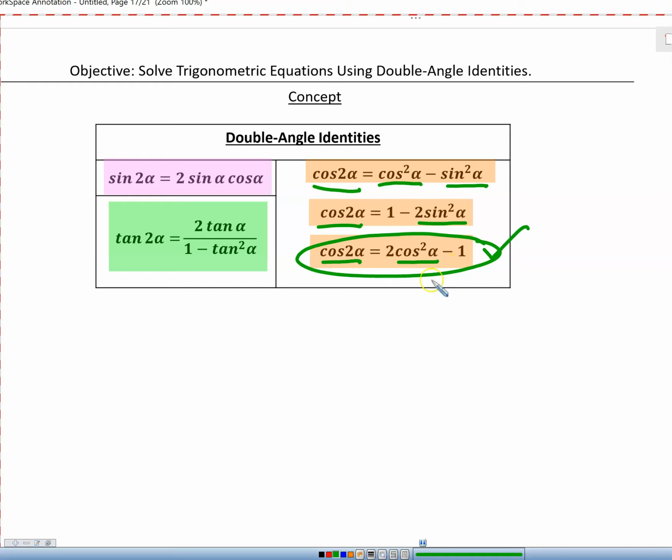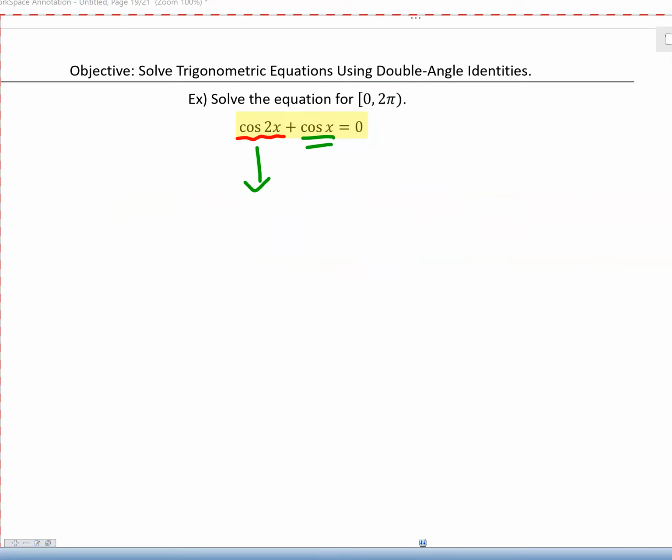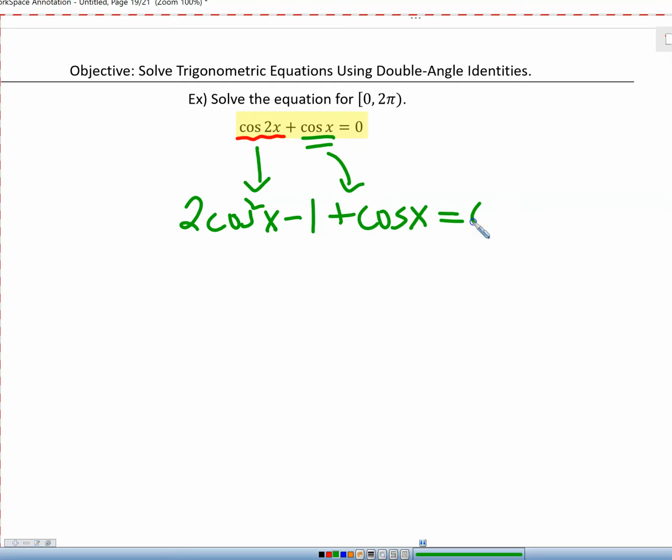All right, so we have 2 cosine squared x minus 1 as our substitution. So this becomes 2 cosine squared x minus 1, and then plus cosine x equals 0. Again, this has a quadratic structure because of that cosine squared. So putting it into standard form, I would have 2 cosine squared x plus cosine x minus 1.